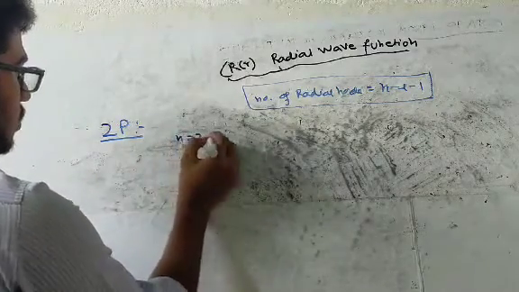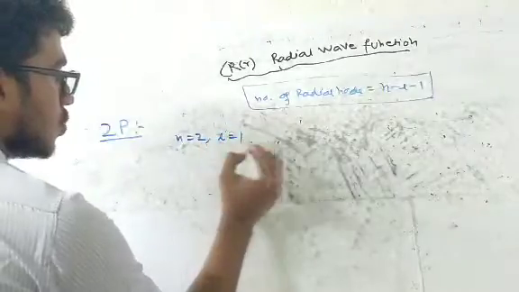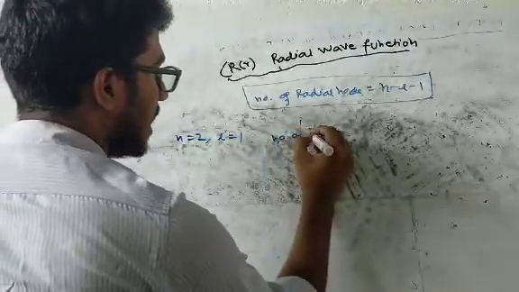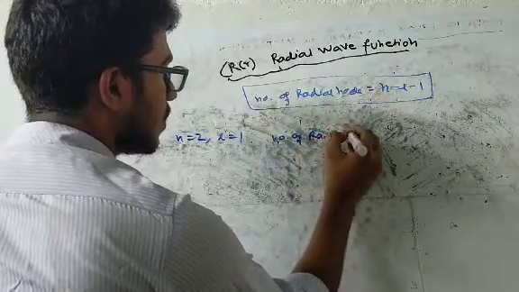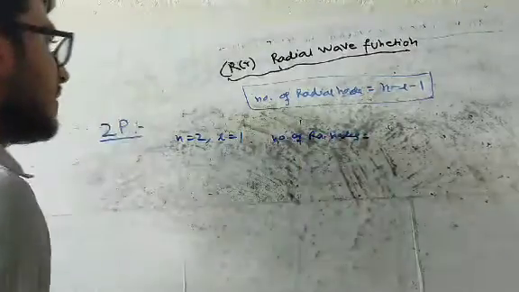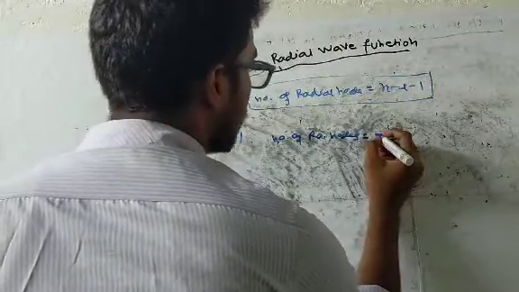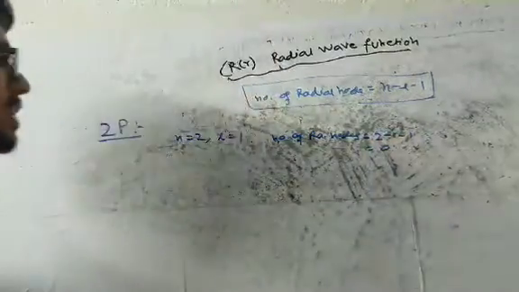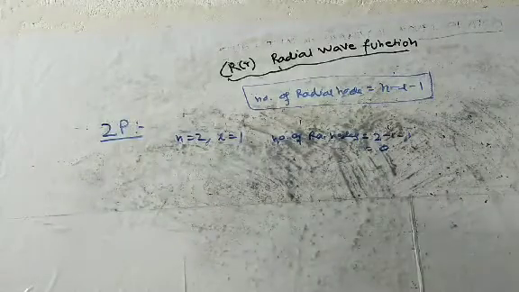Here n equals 2, and for p, l equals 1. So the number of radial nodes equals 2 minus 1 minus 1, that is 0. So that means here no radial node is present.